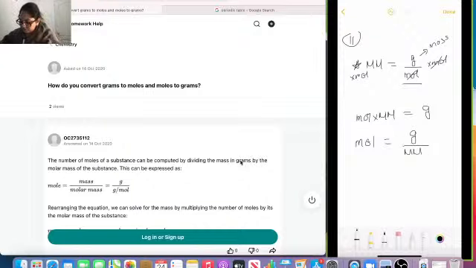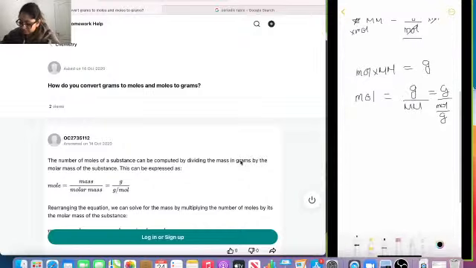This is the same thing as saying grams divided by grams per mole, and you can rearrange this equation also. Over here we already found how to get grams, so it's moles times the molar mass.